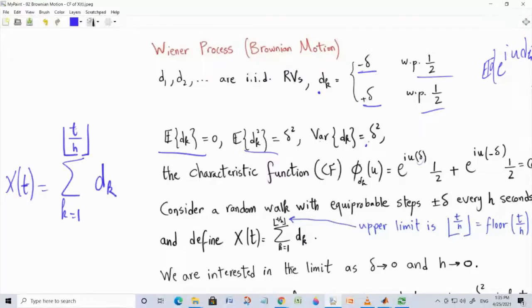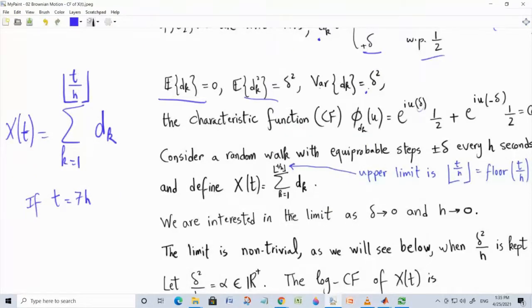Suppose that t is equal to 7h, then this summation will be from 1 to 7. But if t is equal to 7.99h, the summation will be from 1 to the floor of 7.99h over h, that is 7.99, and taking the floor it is also equal to 7. So you can see it is a well-defined process.